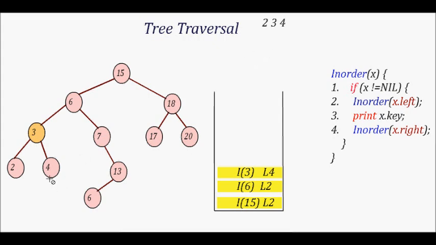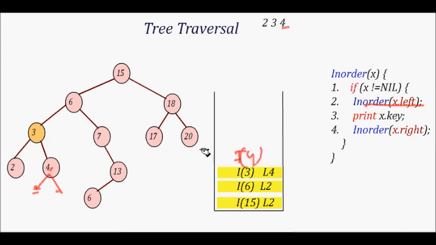So 4 is printed, and then it calls in order x right. So at 4 it first called x dot left, which was null, so this line was executed. Then it printed 4, which is printed here. Then it called x dot right, which is null and just returns back to 4.